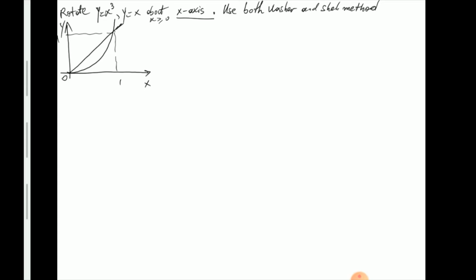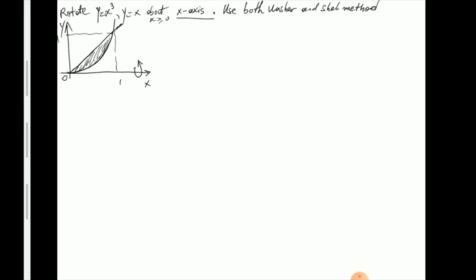And the region in question is the one enclosed by these two curves, like that. Okay, now if I want to use the slicing method, the shell method, the interval of integration is going to be perpendicular to the axis of rotation.